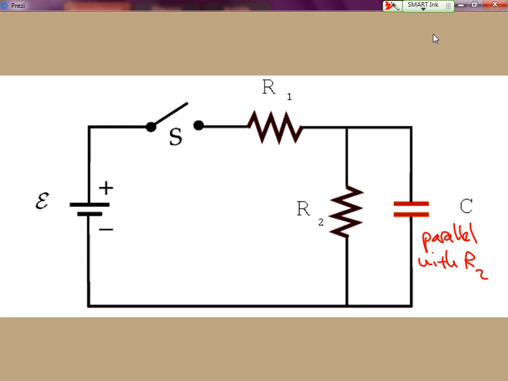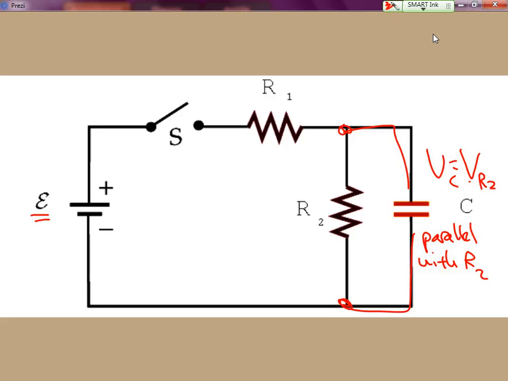Because it's in parallel, the voltage of this capacitor would equal the voltage of resistor 2. It would not equal the voltage of the battery itself.